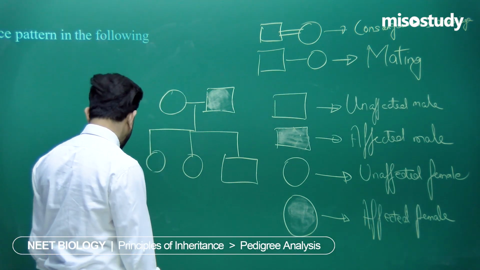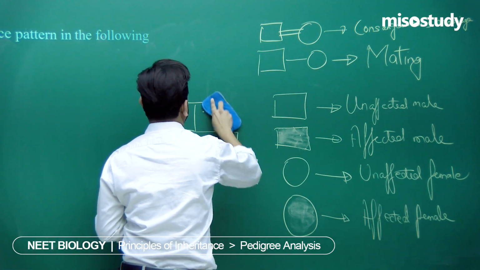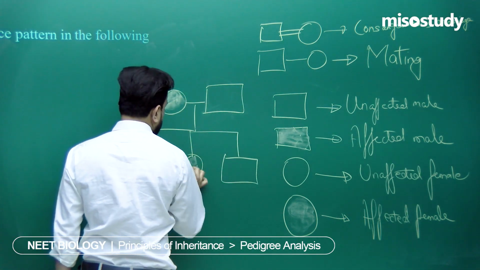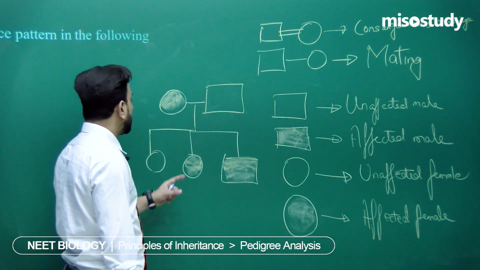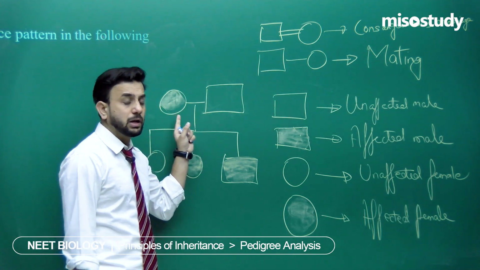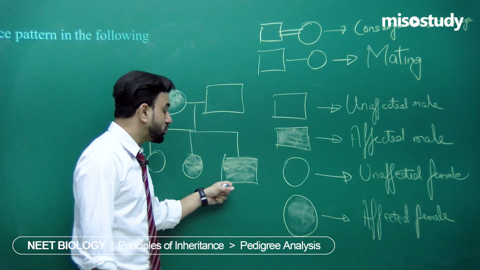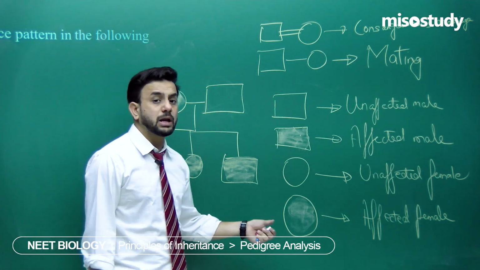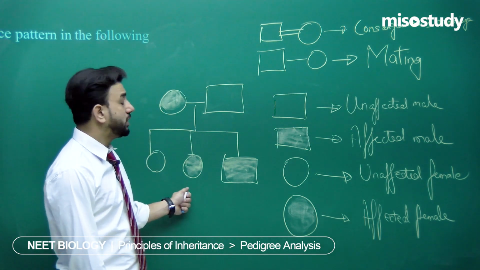Say, for example, an affected female is being crossed with an unaffected male, and this will again produce three offspring: unaffected female, affected female, and affected male. So this is the condition we see here.